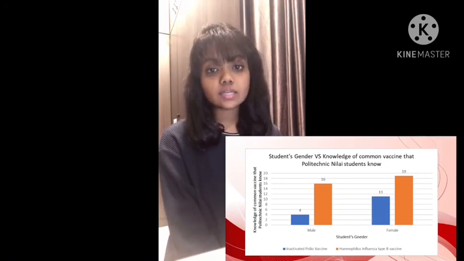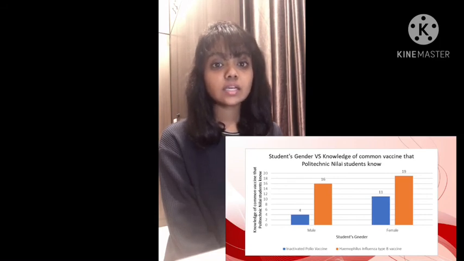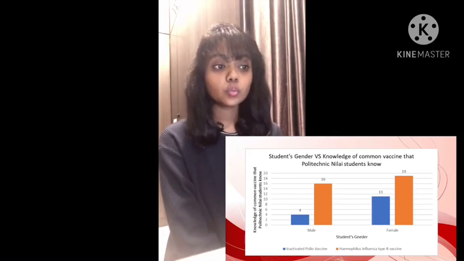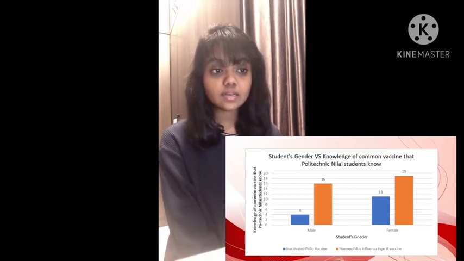The question asked for this bar chart is to state the common vaccine that the Polytechnic Nilai students know, and 2 answers were provided for them to choose, which are the inactivated polio vaccine and the Haemophilus influenza type B vaccine.